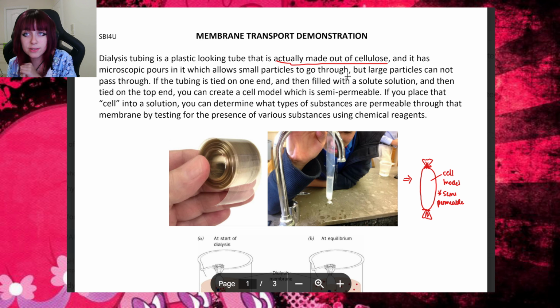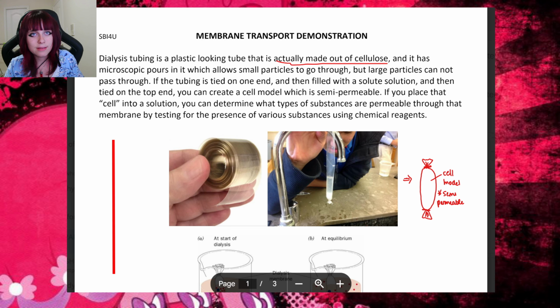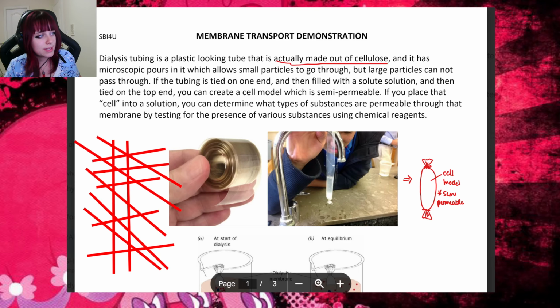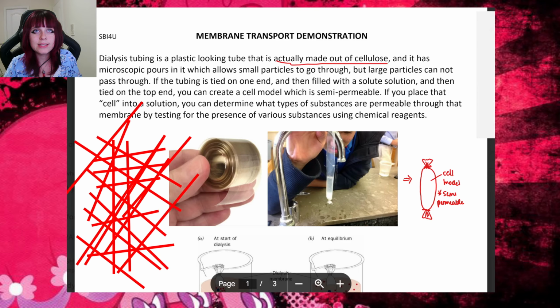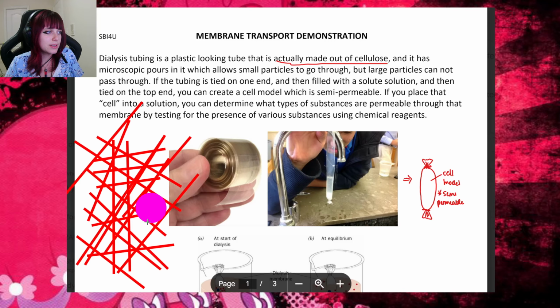But large particles can't go through them, because something teeny tiny like this can easily pass through. It goes straight through. A bigger molecule that's this big can't go through it.